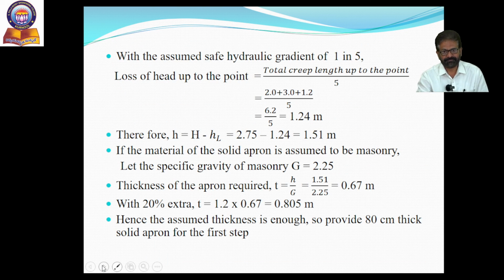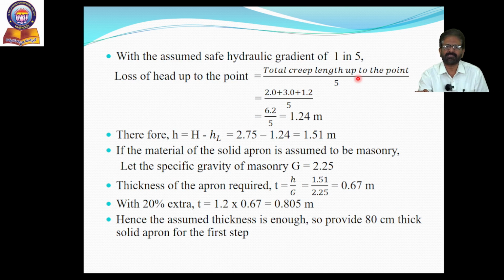See here, these are the numerical calculations. With the assumed safe hydraulic gradient of 1 in 5, assumed earlier, loss of head up to the point is total creep length up to that point divided by 5. H by L is equal to 1 by 5. Always keep in mind, the hydraulic gradient H by L, either at any point or at the end of the structure, we can calculate.